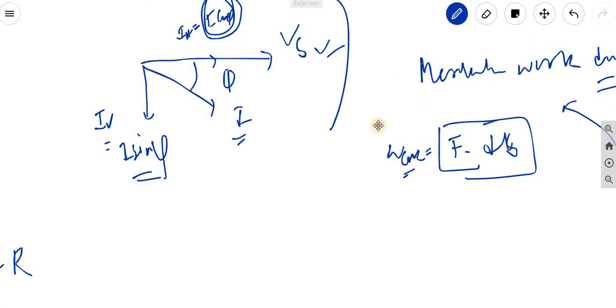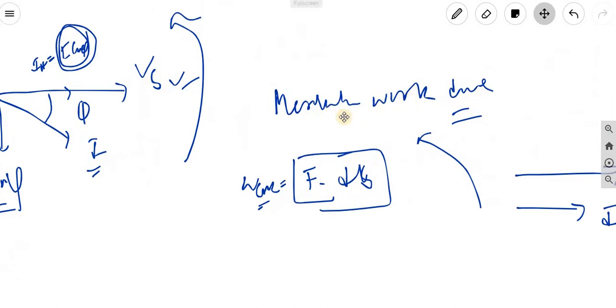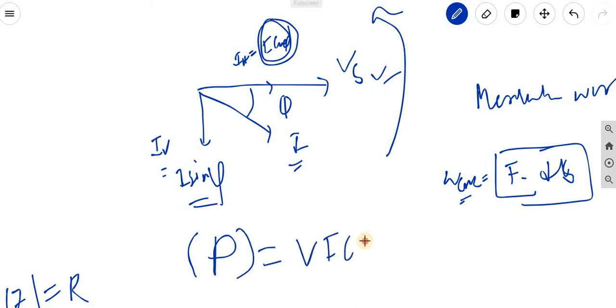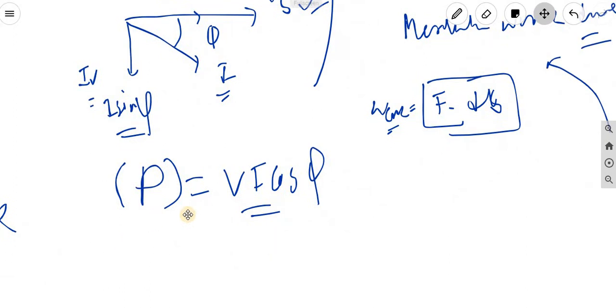Just as mechanical work done is consumable, electrical power is also consumable. So this component is called active power, represented as P, and it is I cos phi.